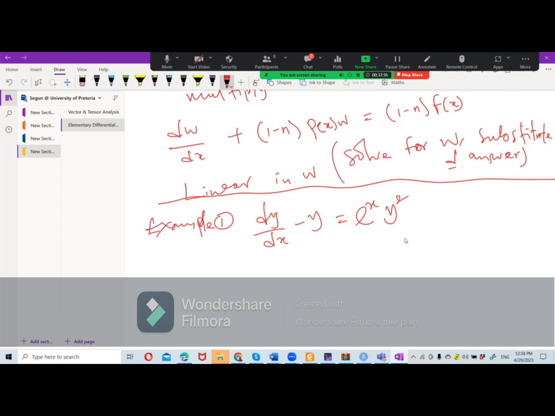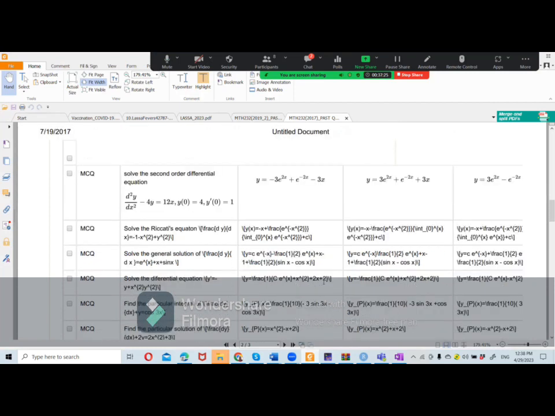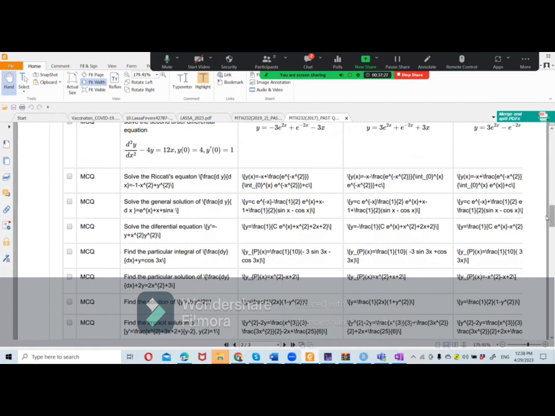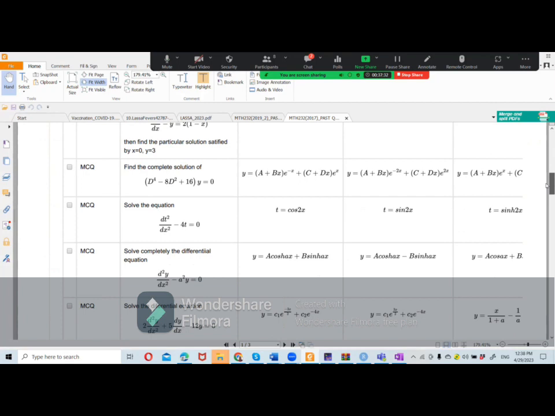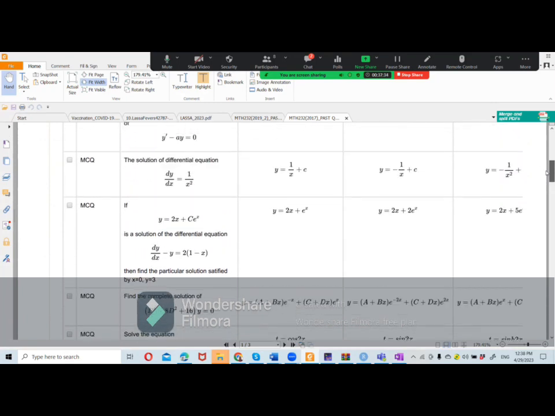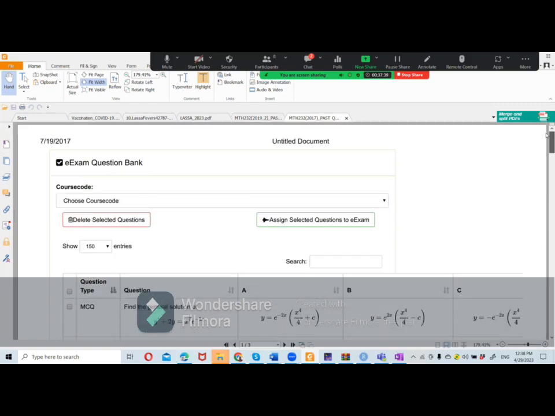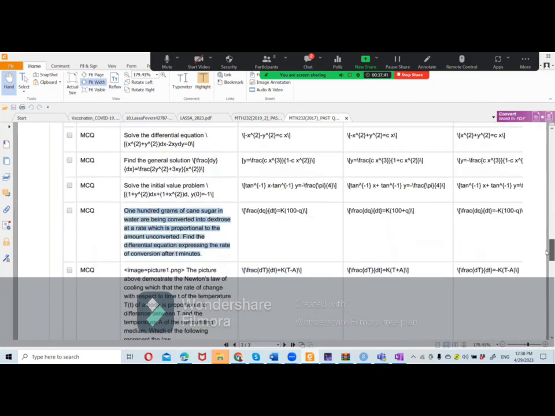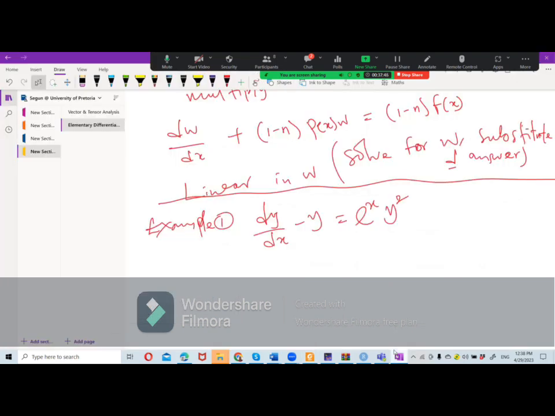I just showed you some part of it the other time. If you look at this, I think I saw something of that nature in one of the questions. I'm not too sure whether it's this one or the other one. So when you look at the past questions, you can also lay your hands on some of them. Okay, let's look at it.